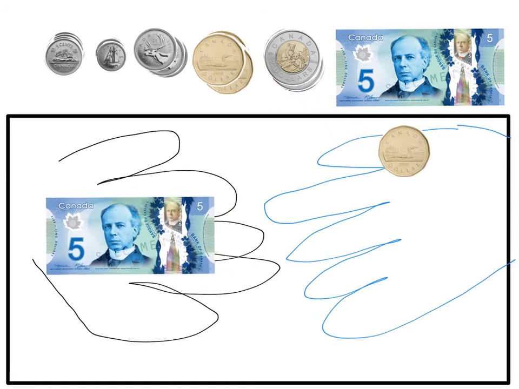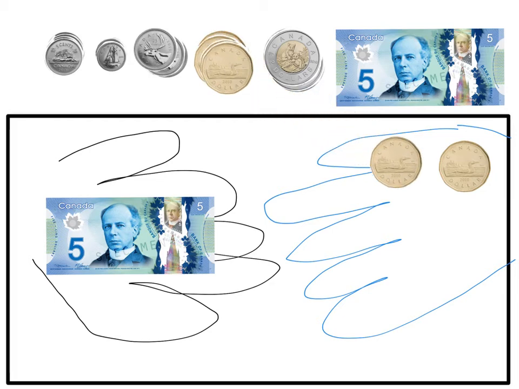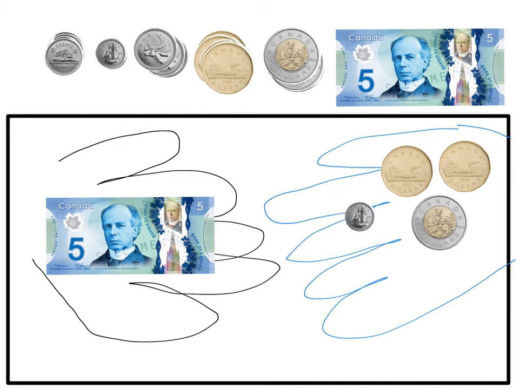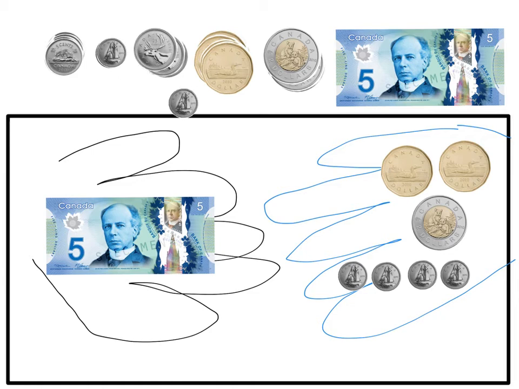Here's $1, $2, here's another toonie, so now that's $4. I'm going to bring in 10 cents, put it down here, 20, 30, 40, 50.